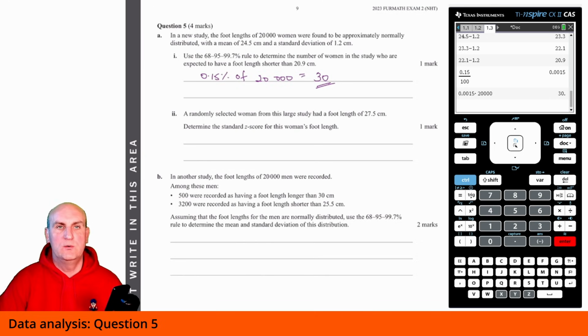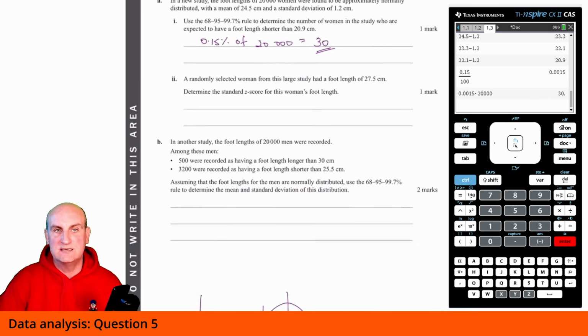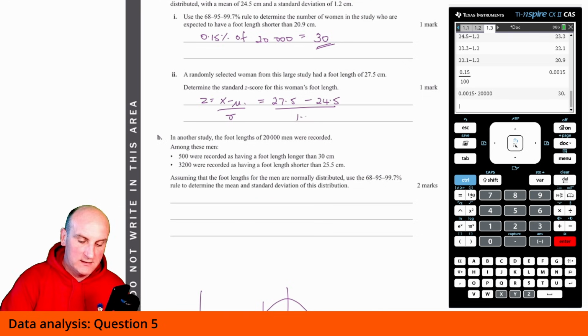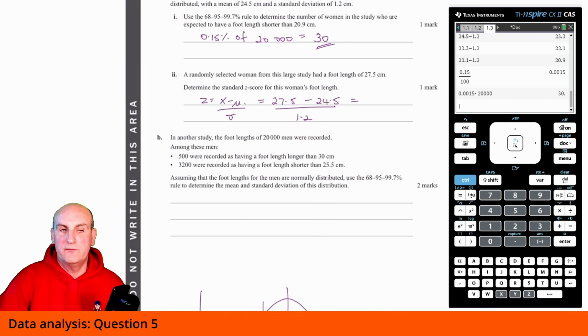A randomly selected woman from this large study has a foot length of 27.5. Determine the standard Z-score. I know a Z-score is X minus mu on sigma. Right, so that's the actual value of 27.5. I'm going to minus my 24.5, which is my mean. I'm going to divide it by my standard deviation of 1.2, put it into my calculator.